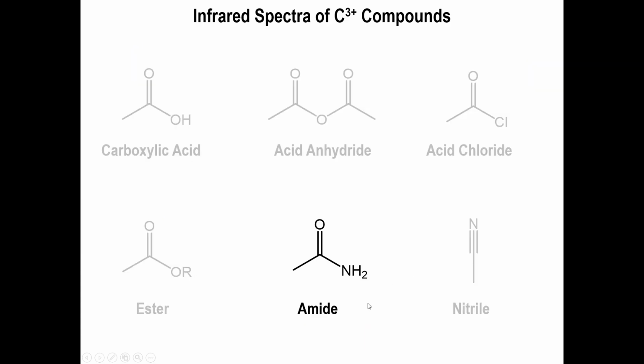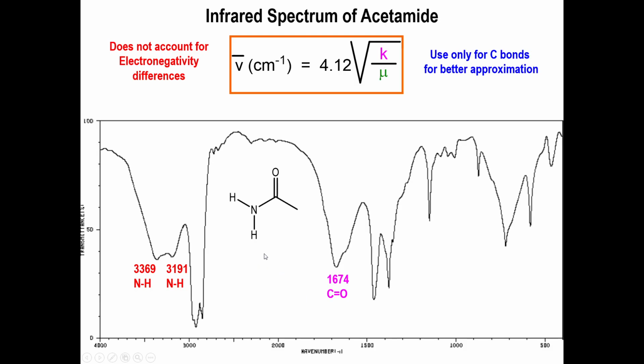Now the amides, the big difference right here is that the nitrogen is a lot less electronegative than oxygen. So donation of the lone pair on nitrogen onto the carbonyl carbon is a lot more predominant compared to oxygen. So what we see is that the peaks for amides tend to fall down in the mid 1600s.